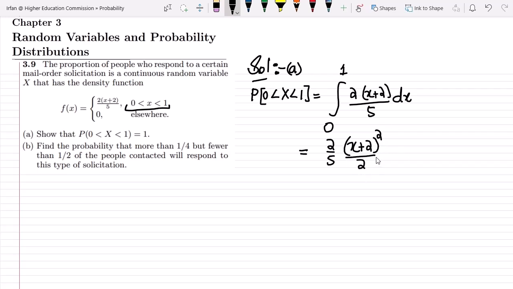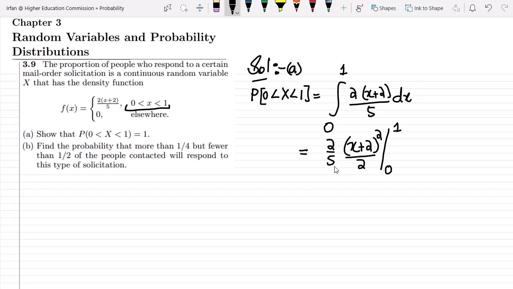This is the integration formula: the power is increased by 1 and divided by the new power. The limits are from 0 to 1.